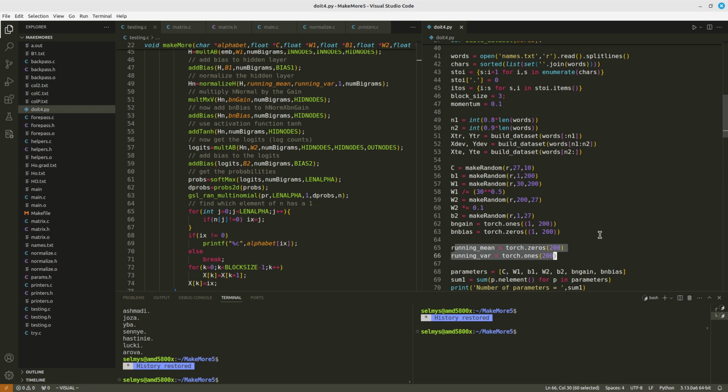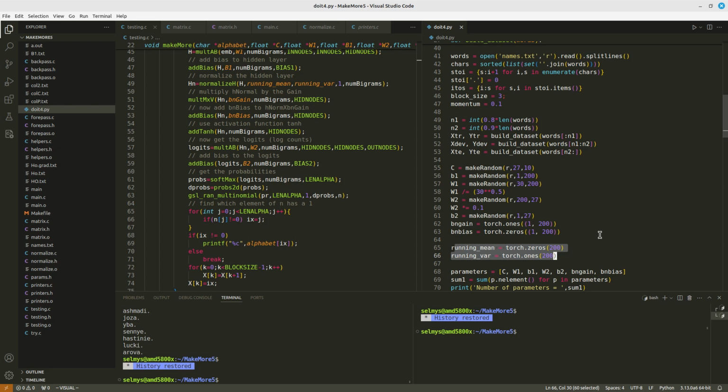Well, why do we need the running mean and the running variance? As we go through the training session, which is 200,000 iterations, the mean and variance in our normalization layer keep changing.